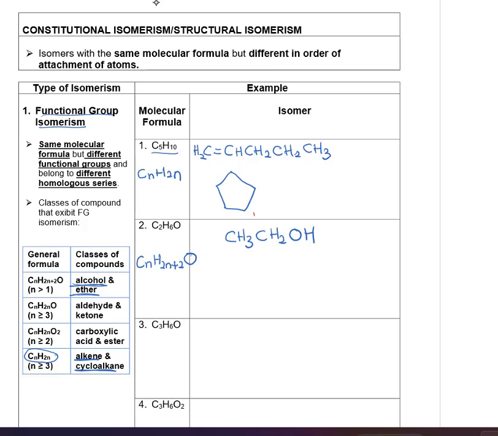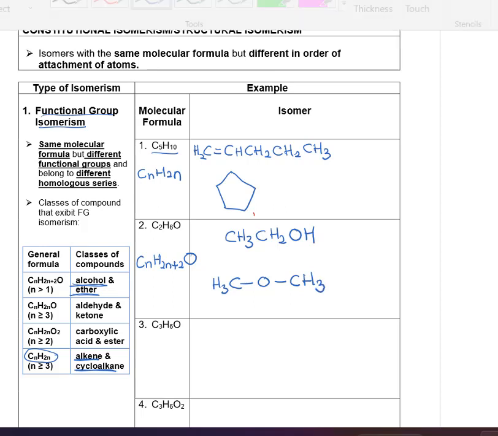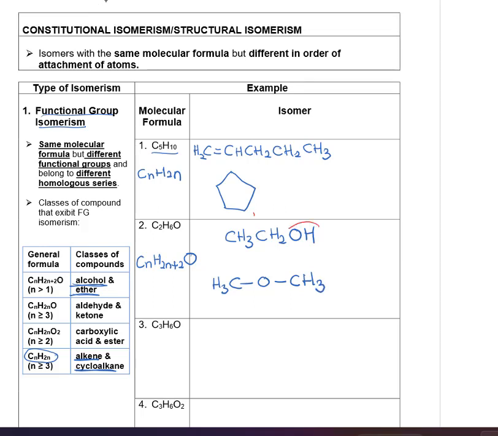And then I can also draw it as an ether. The first one is an alcohol with the hydroxyl group. The second one is an ether with the alkoxy group.